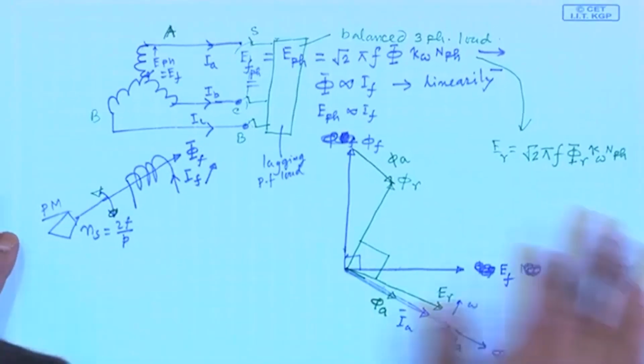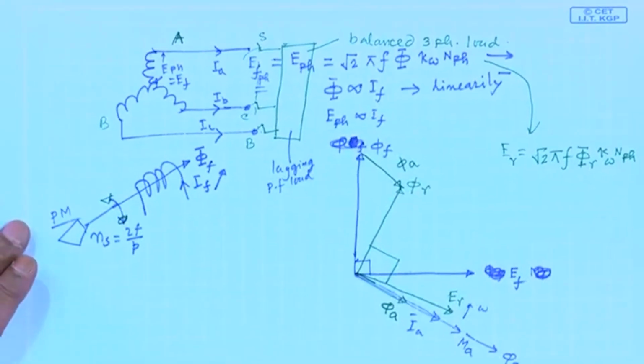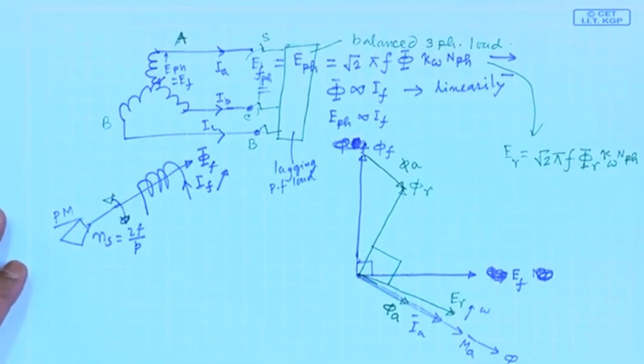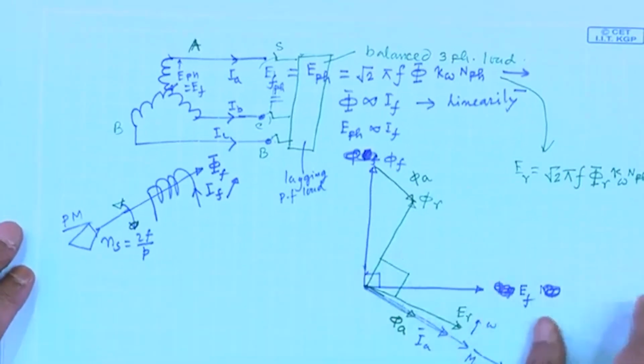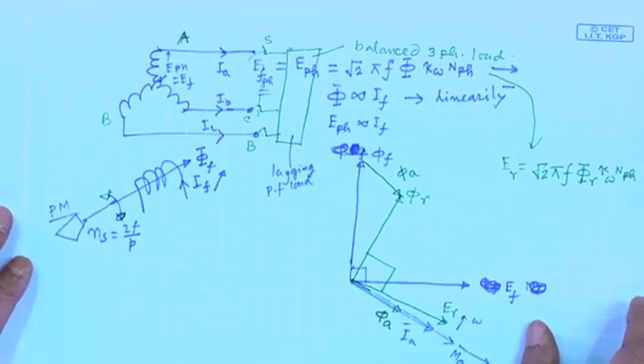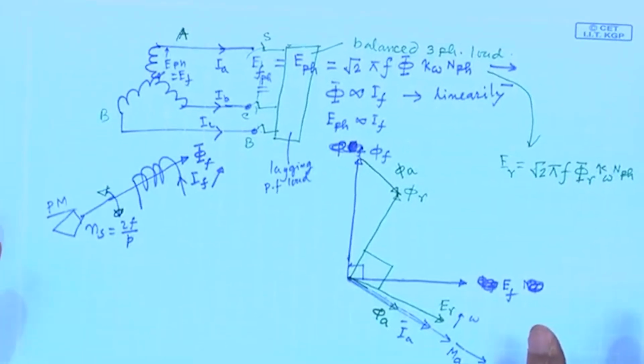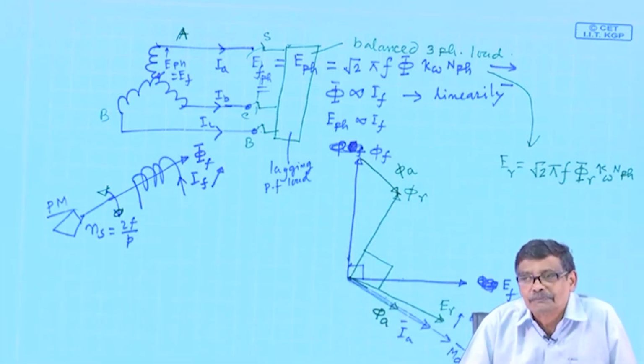Therefore, the point I want to make is, in a synchronous machine, the flux per pole changes from no load to full load operation. In case of an induction motor, it is not like that. In an induction motor, flux per pole approximately remains the same from no load to full load operation.